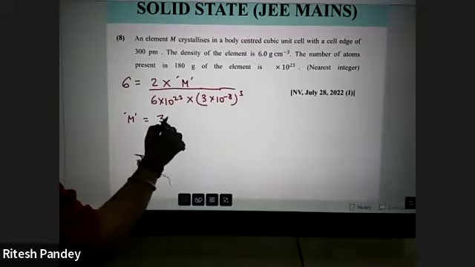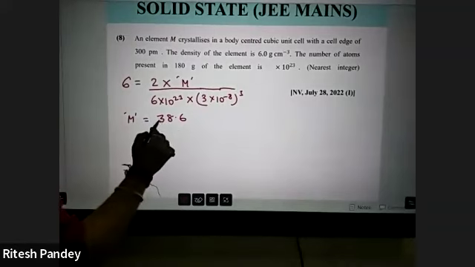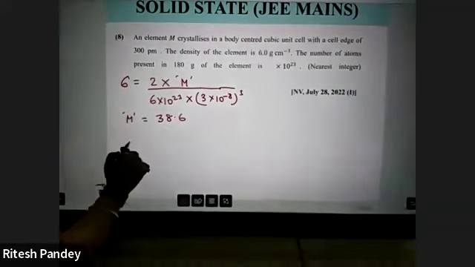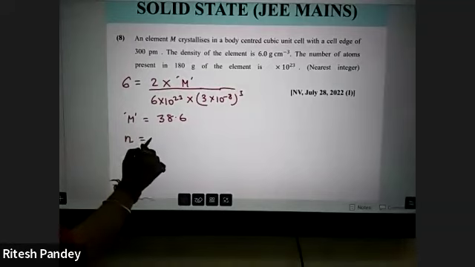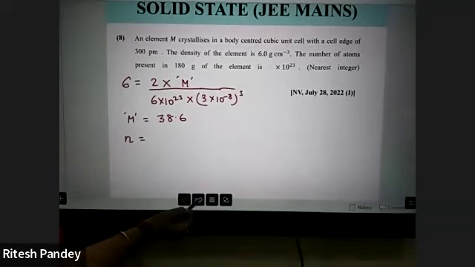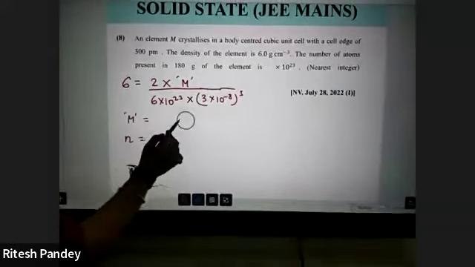Not 38, 48. 48.6. Is it written properly? All right.